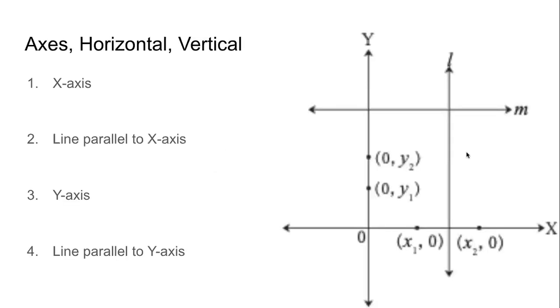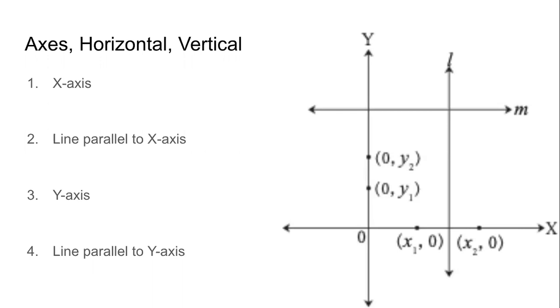Now let us look at some special cases. General case was just any random line L was there and we took 5 points on it. Now we will take some special lines. Special cases means special lines, because here we are trying to find the slope of line. Of course, lines that are horizontal, lines that are vertical, those are the special cases.